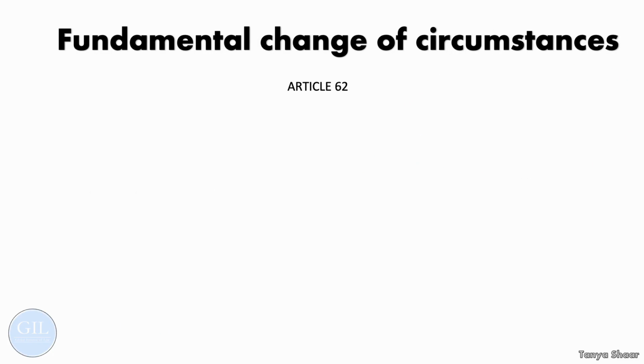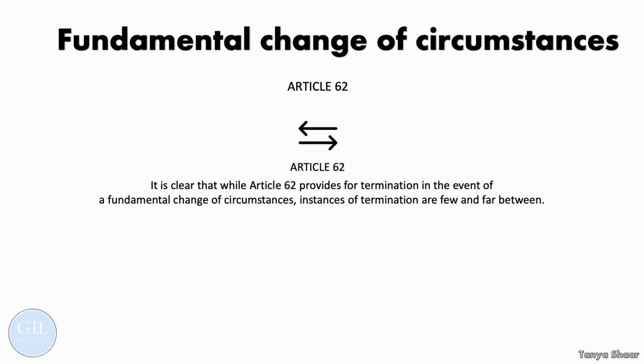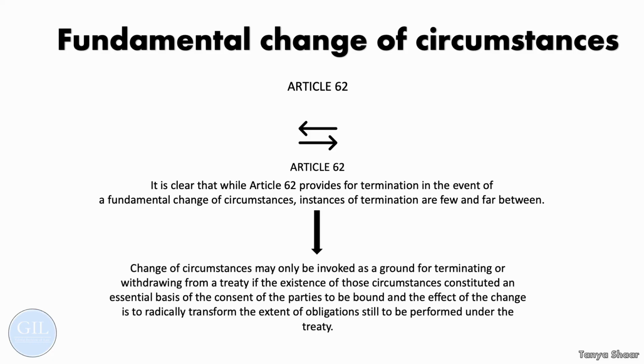And lastly, we have fundamental change of circumstances, which has been defined under Article 62 of the VCLT. It is clear that while Article 62 provides for termination in the event of a fundamental change of circumstances, instances of termination are few and far between.